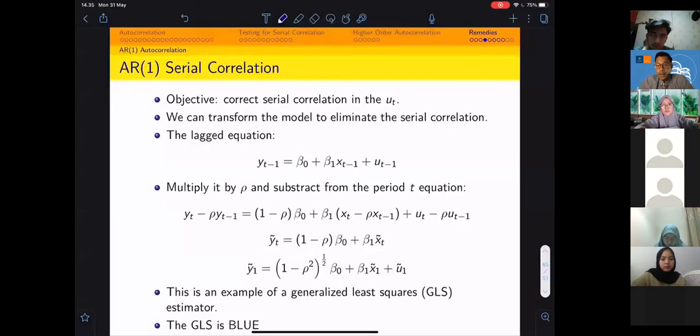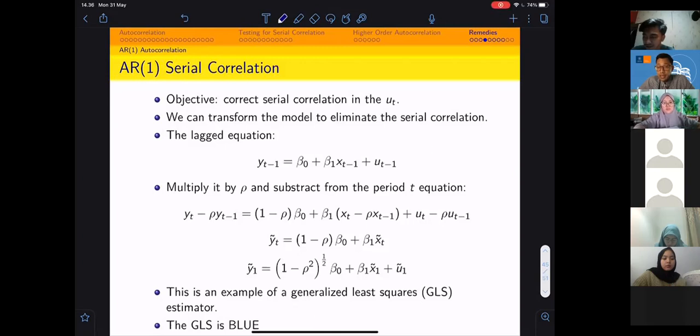Okay, so we're going to go back to the scenario of AR1 serial correlation. You have a model, and after analysis of the residual, you find that there is an AR1 serial correlation.